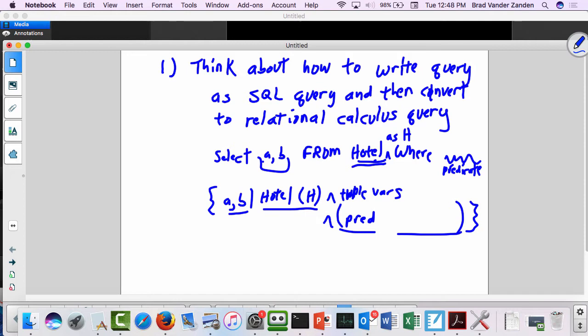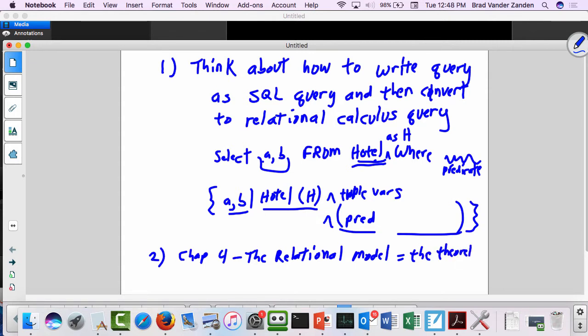So the second thing I want to make a big point about, because no matter how many times I say it, students get it wrong on the tests, so maybe you should write it down. Chapter 4, and in general, the relational model equals the theoretical basis for the DDL.